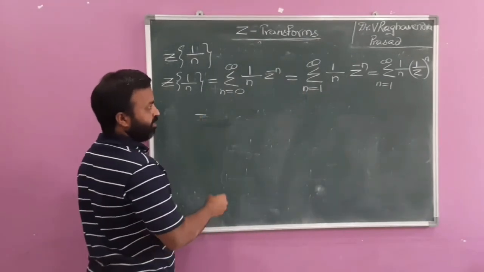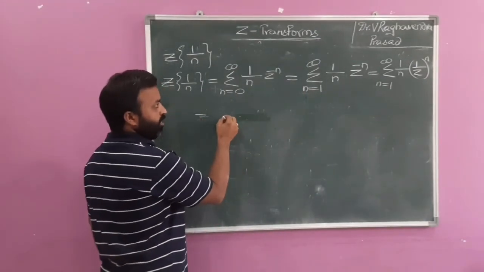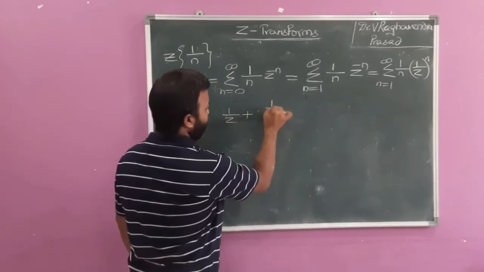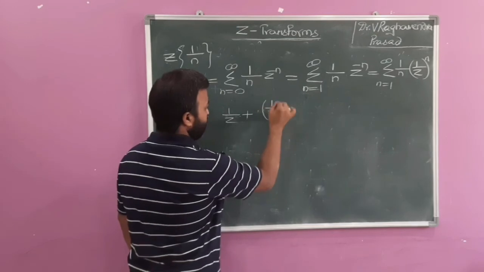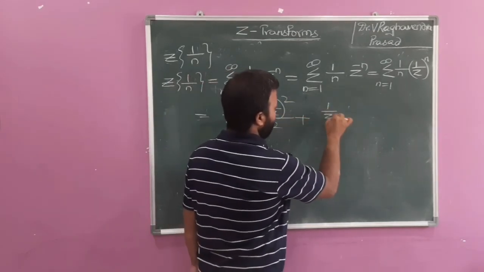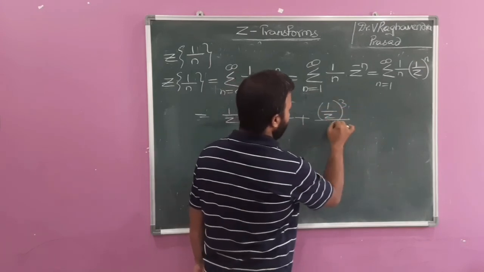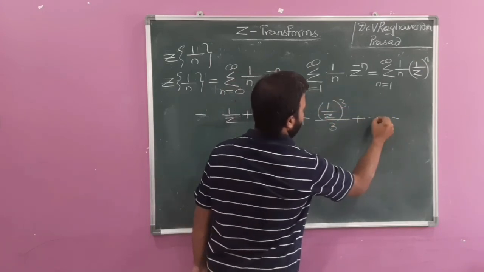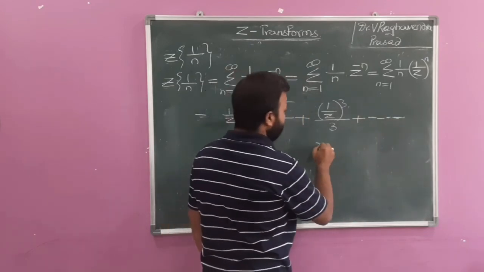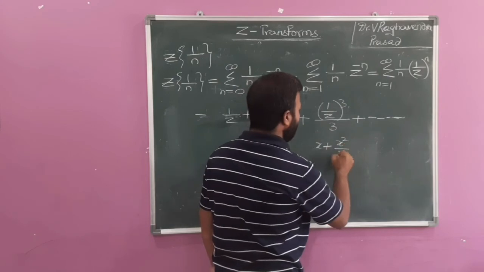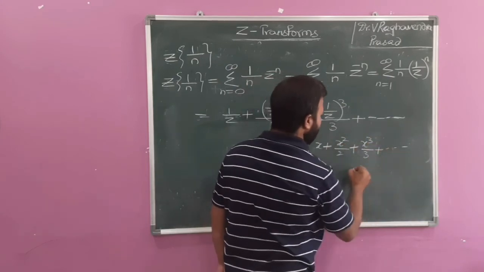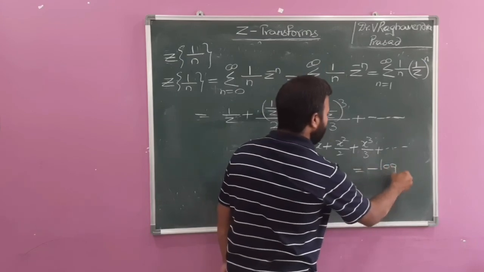Expanding the summation now, for n equal to 1, we get 1 by z, for n equal to 2, 1 by z whole square by 2, for n equal to 3, 1 by z whole cube by 3 plus and so on. And this is same as x plus x square by 2 plus x cube by 3 plus and so on, equal to minus log of 1 minus x.